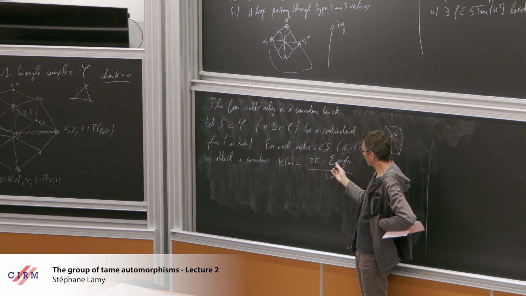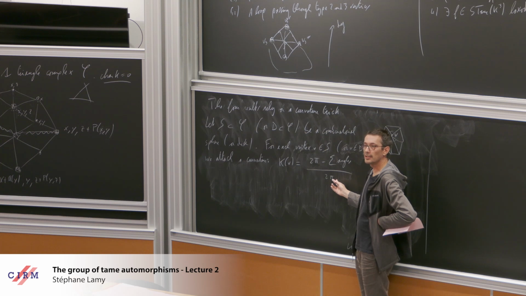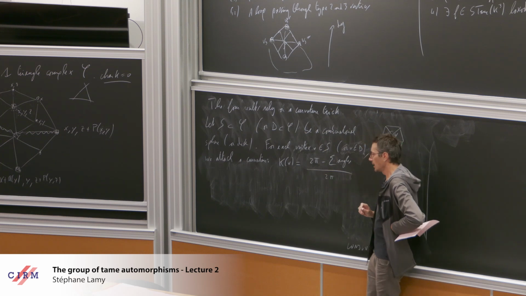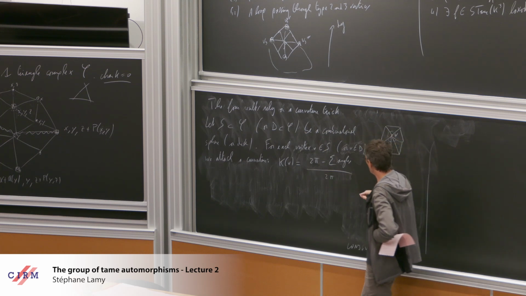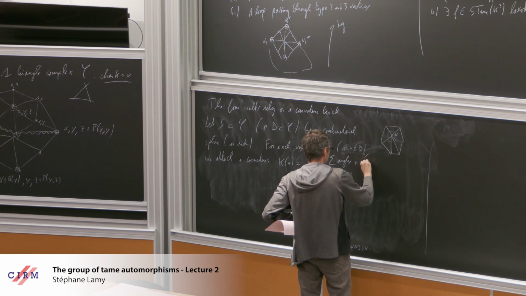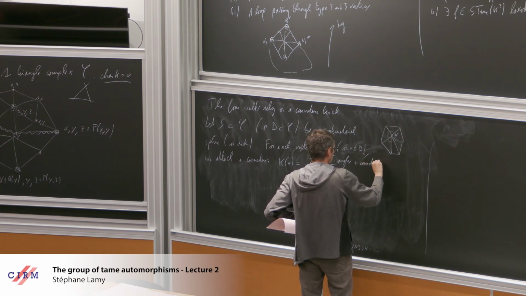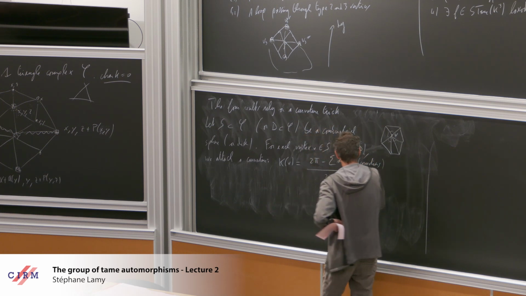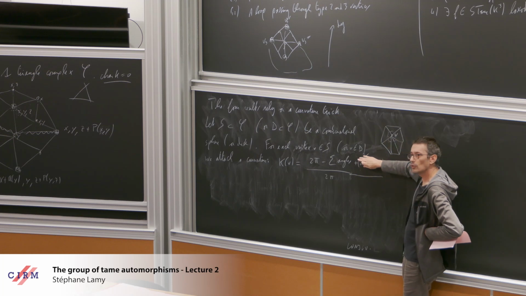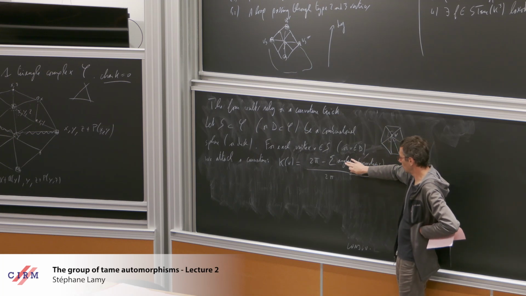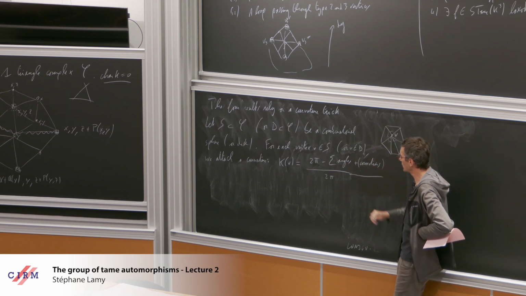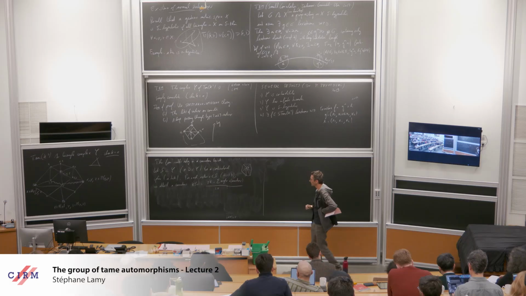And if the sum is large, it should be a negative curvature. But we're going to put some correction term. For the moment, forget about the correction term. We do the definition. After that, I will explain why we need the correction terms.